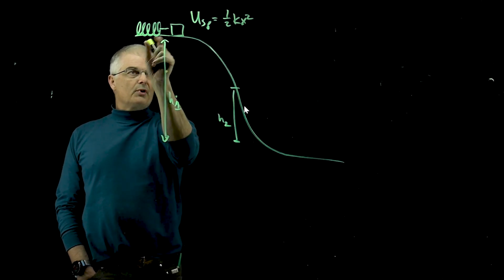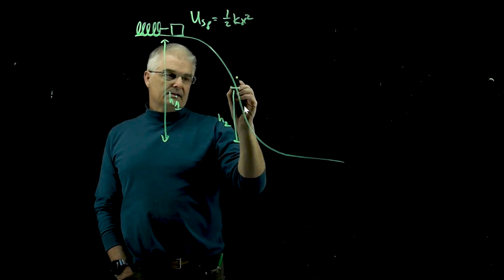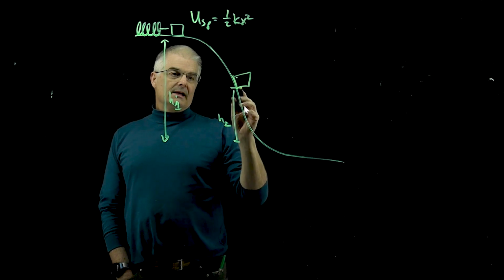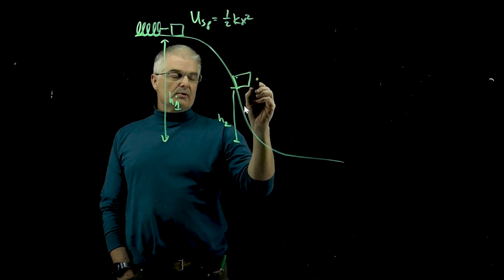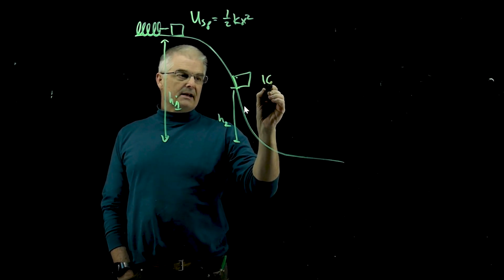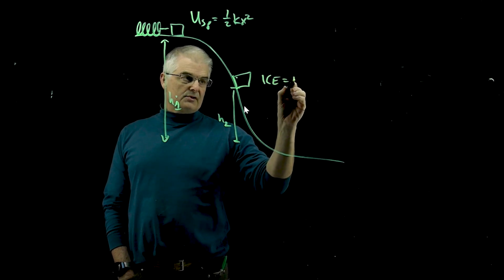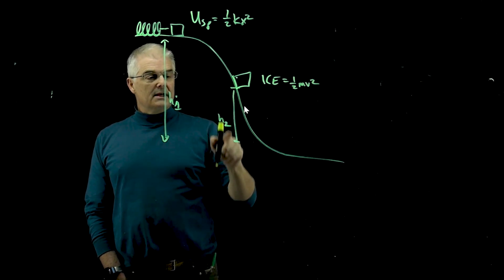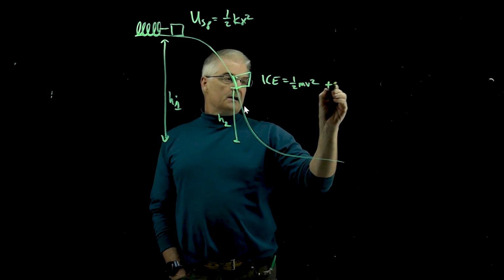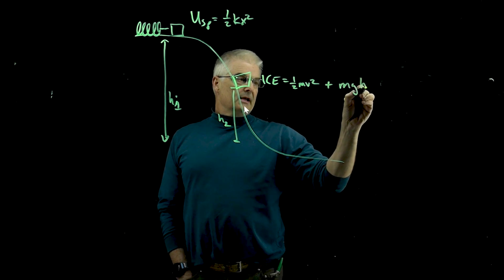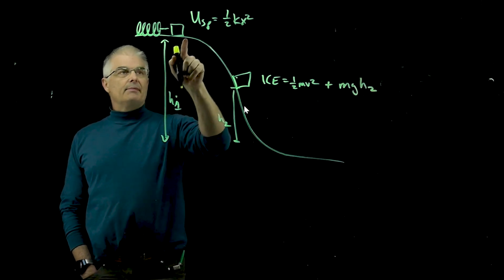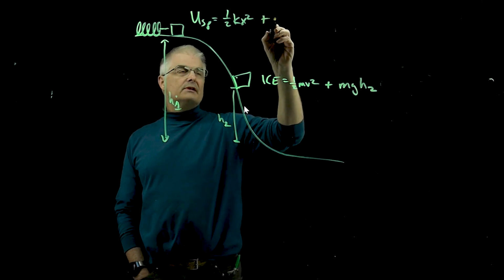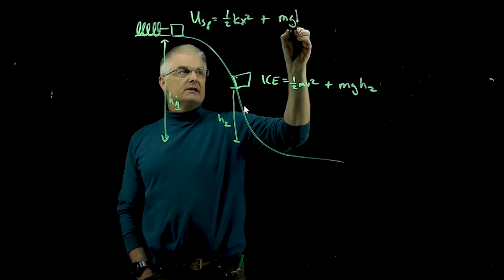But once you release the spring, and let's say the block of wood is now halfway up the height, it has no more spring energy. What does it have? It's got kinetic energy, which of course is 1/2 mv squared, and it's also got gravitational potential energy, mgh1.